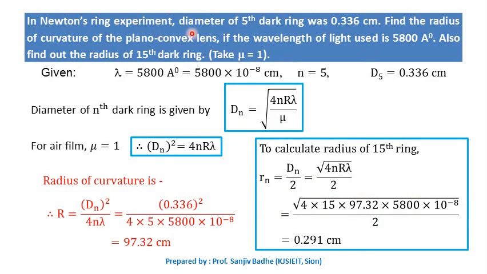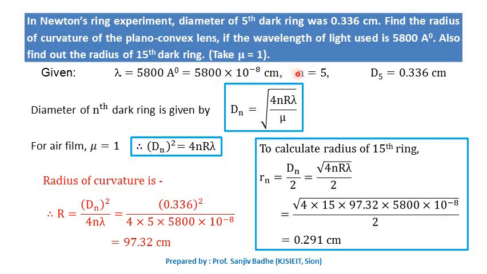In Newton's ring experiment, the diameter of the fifth dark ring was 0.336 centimeters. Find the radius of curvature of the plano-convex lens if the wavelength of light used is 5800 angstroms. Also find the radius of the 15th dark ring. Take mu is equal to 1. So the wavelength of light is given as 5800 angstroms, that we can write as 5800 into 10 raised to minus 8 centimeters.